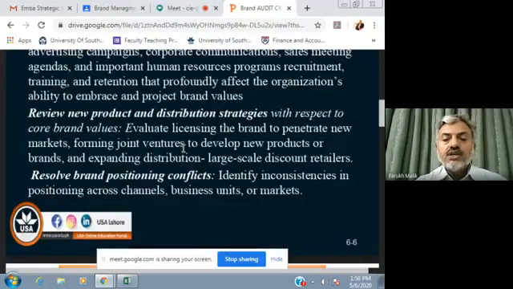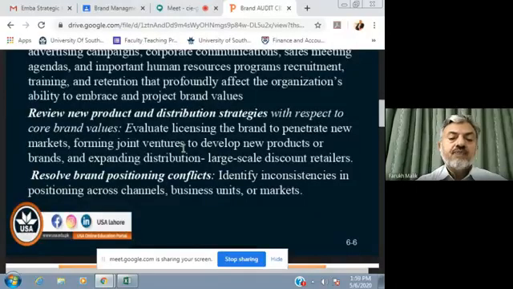New product development should be focused on how you can improve your existing product, forming joint ventures to develop new products, and then expanding distribution to large scale discount retailers, resolving brand positioning conflicts.